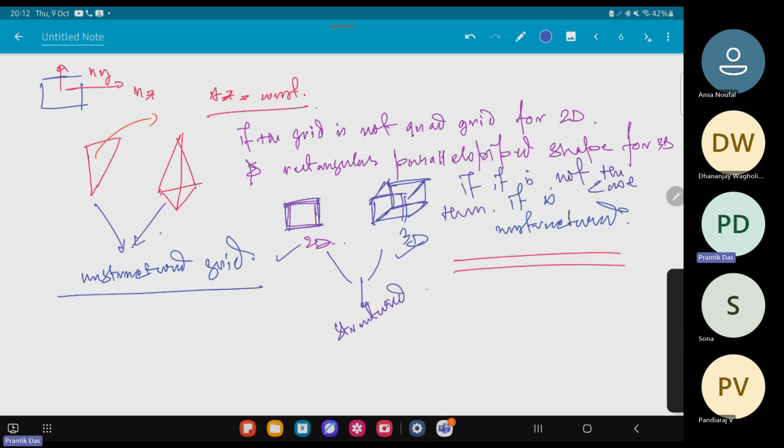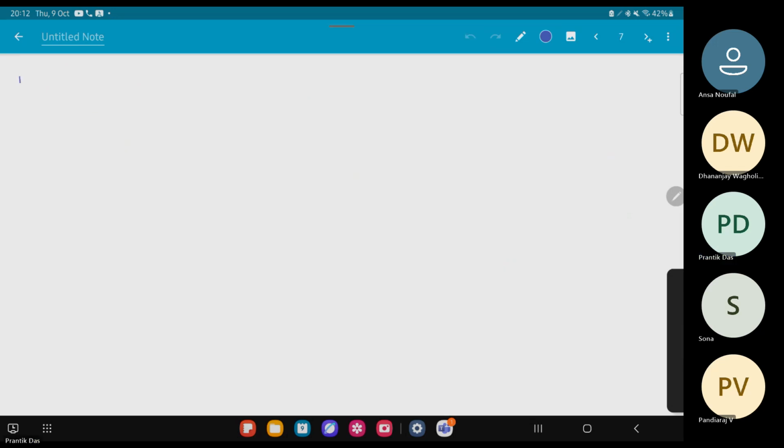Okay, so going to the discretization on the unstructured mesh itself.